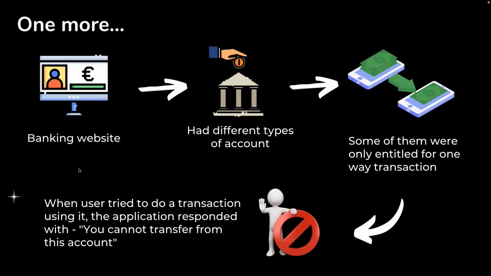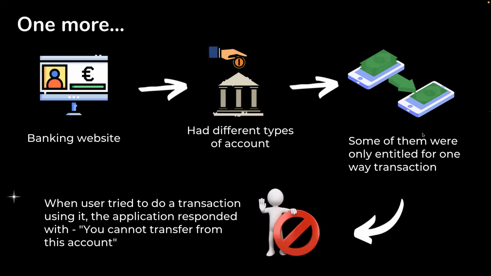There was a business logic behind it, because they wanted the user to pay the loan amount or the EMI at a regular point, and they did not allow withdrawing money from that loan account.